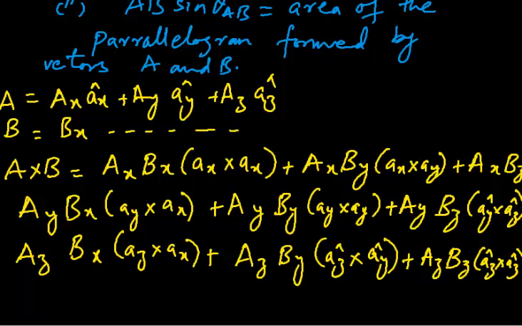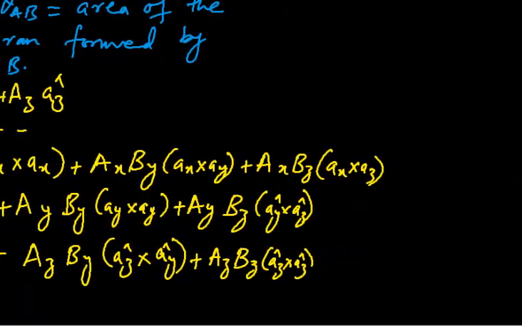Now this puts me in a situation that I need to define something about the cross products of like unit vectors and unlike unit vectors.